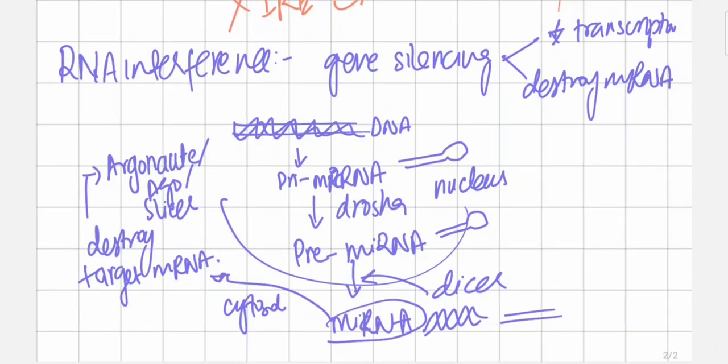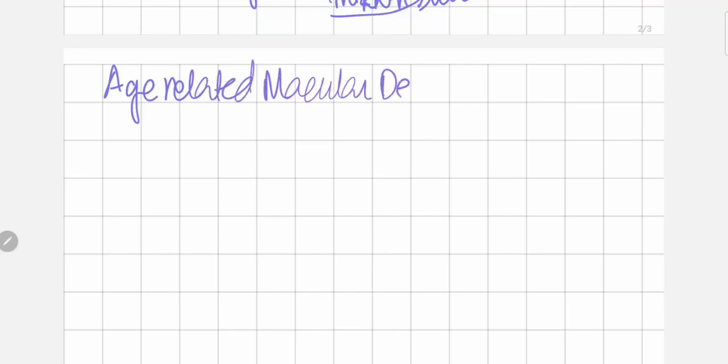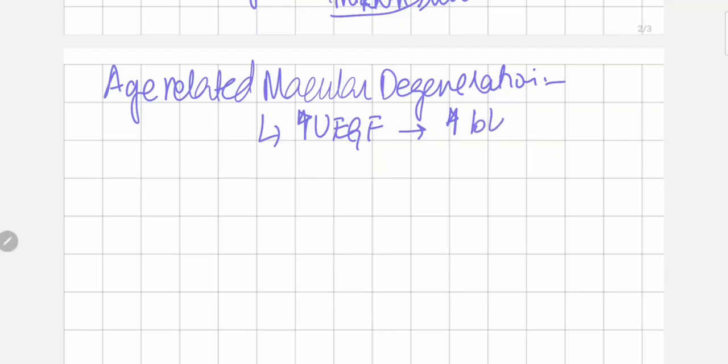There are certain therapeutic things that we can also do with RNA interference, for a disease called age-related macular degeneration. In age-related macular degeneration, there is overproduction of VEGF, which increases blood vessels, and the increase in blood vessels causes blindness.